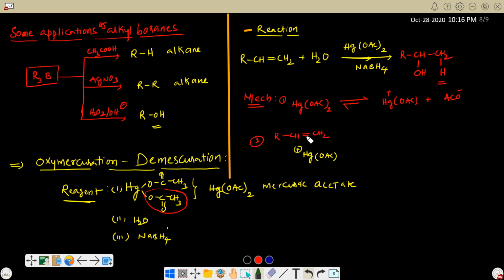One is this pi bond will be polarized to mercury, and this mercury contains a lone pair of electrons. That lone pair will be transferred to this adjacent carbon. So in this case, you will get a cyclic mercury ion intermediate. It is CH2.